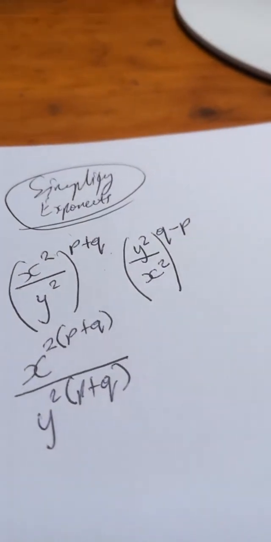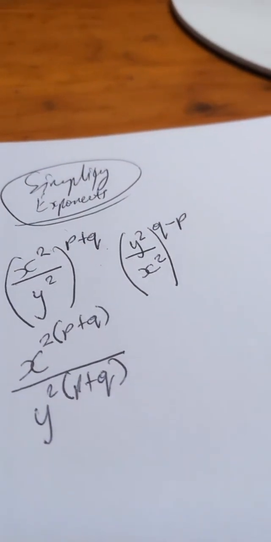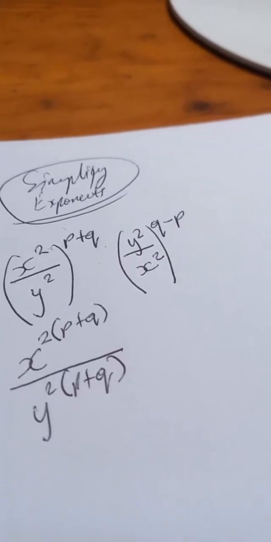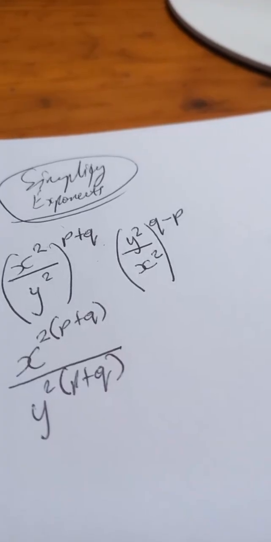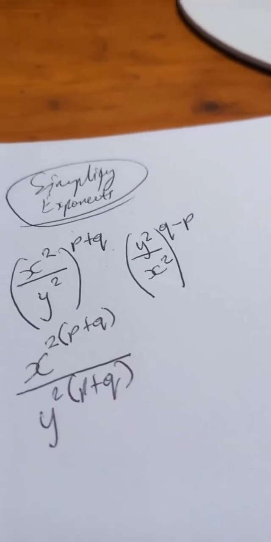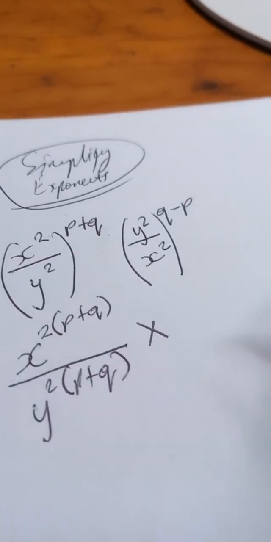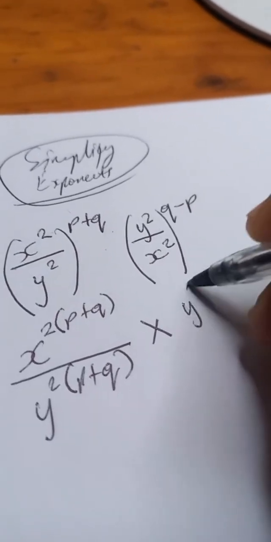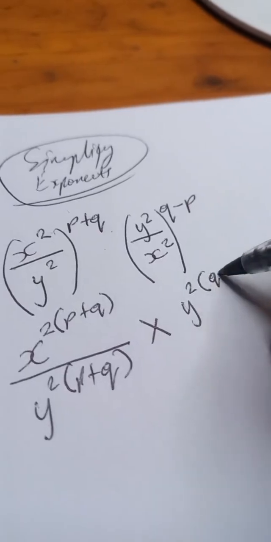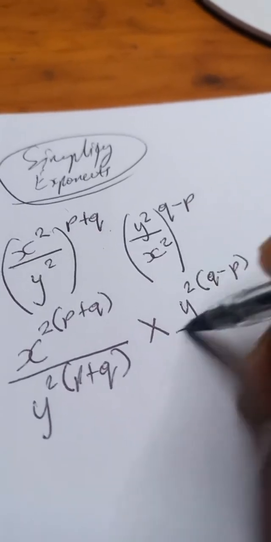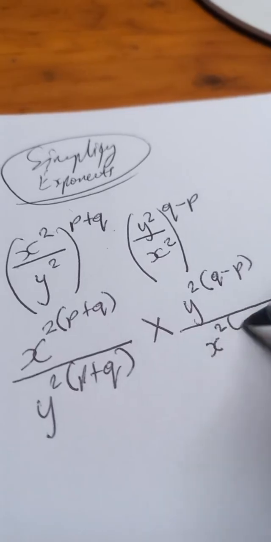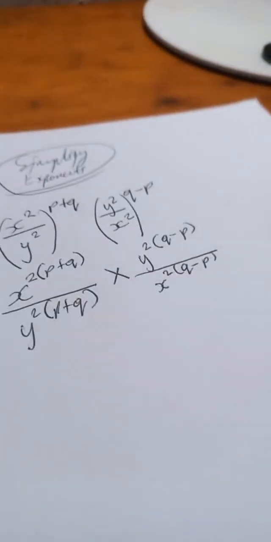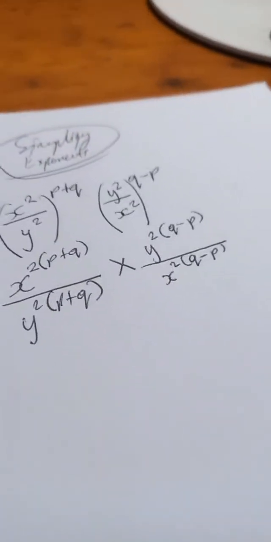If you check, we just did that to one side, and then we are left with the other side. So we must do the same to the other side. Remember, here we are multiplying, and then this is going to be y to the power 2 times Q minus P, over x squared times Q minus P, like this.